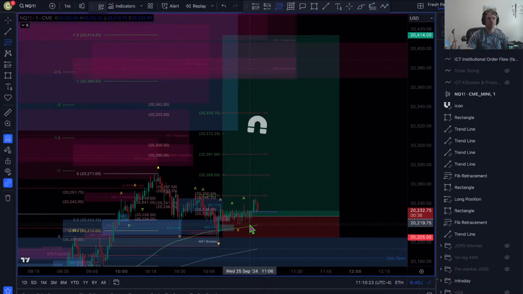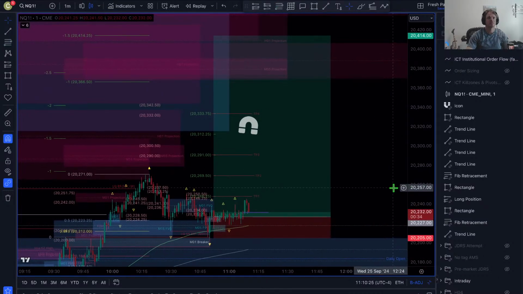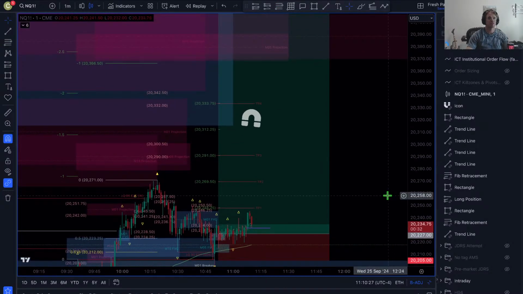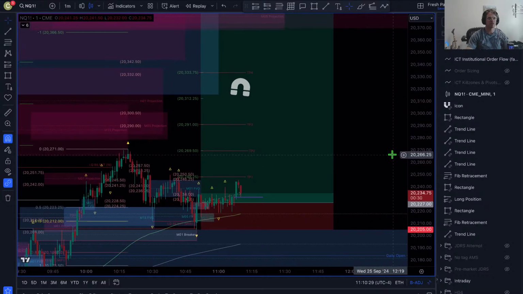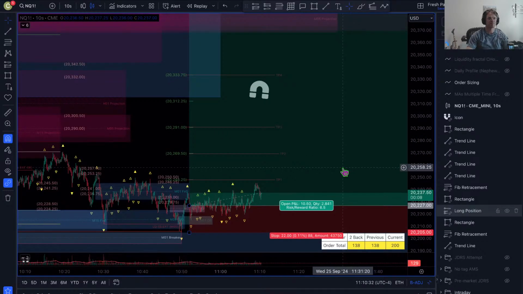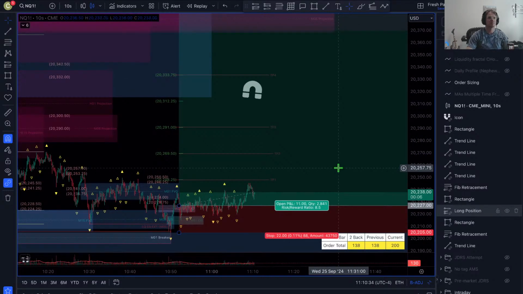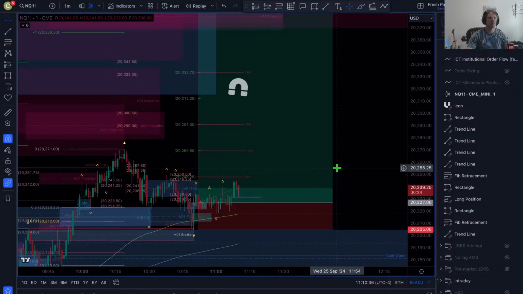Yeah, you take it. I don't know. See, that's the volume imbalance. That would have been an entry right there. That's the volume imbalance on the M1.